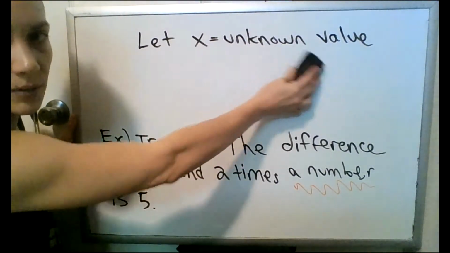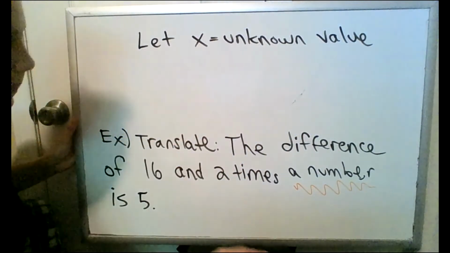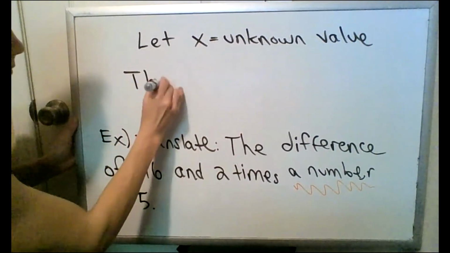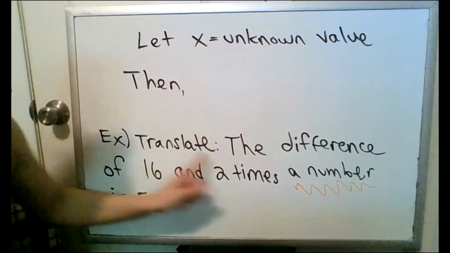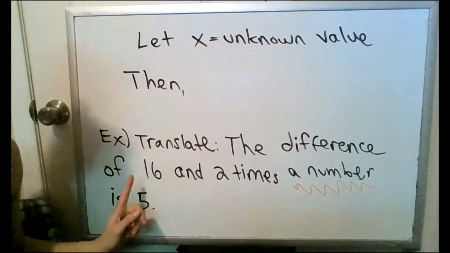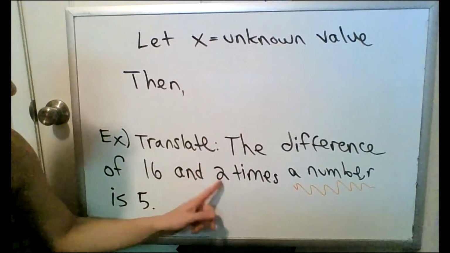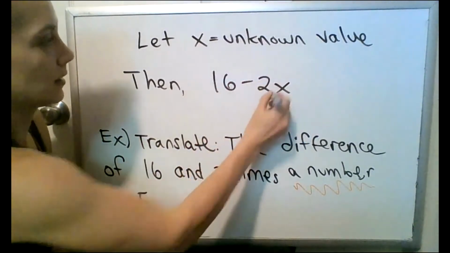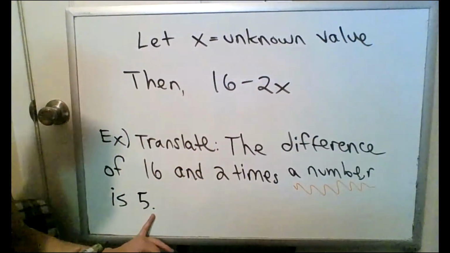Let x be that unknown value. So we're going to subtract between 16 and 2 times x. And have that equal to 5.